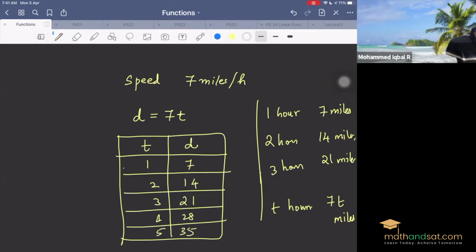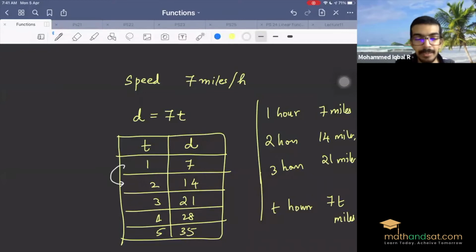So how much distance do you travel in 1 hour? That is your speed, right? Speed is nothing but how much distance you travel in 1 hour. If you travel 7 miles, your speed is 7 miles per hour. So that is the rate of change of distance with respect to time, the rate at which you are covering distance.